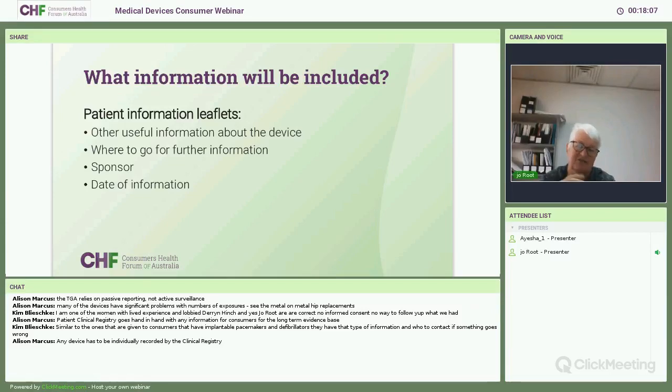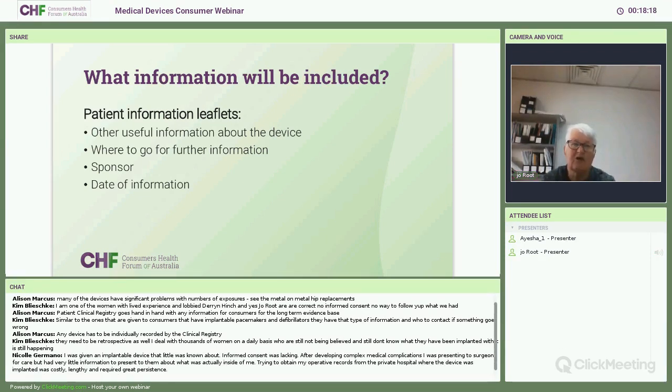So unlike medicines, where you get the consumer medicine information at the time of dispensing the medicine, well, you're supposed to get it then when it's a new medicine. You can always look it up online before you go and get the prescription, but I don't think most people do that.